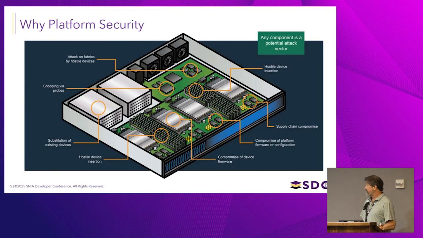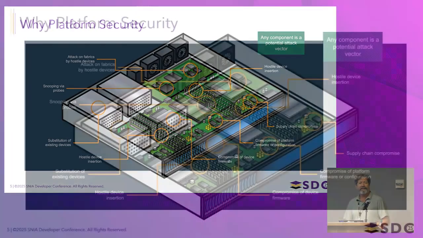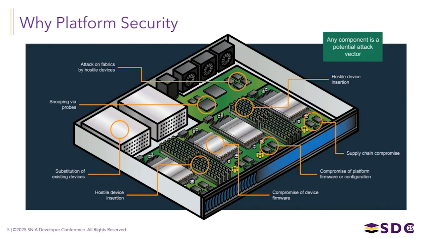This picture is showing its age a little bit at this point when you consider some of the expansion for the bindings of SPDM, but the attack surfaces are still very much true. There are attacks on fabrics by people inserting devices in the middle, snooping probes, substitution of devices, substitution of firmware, insertion of malware.